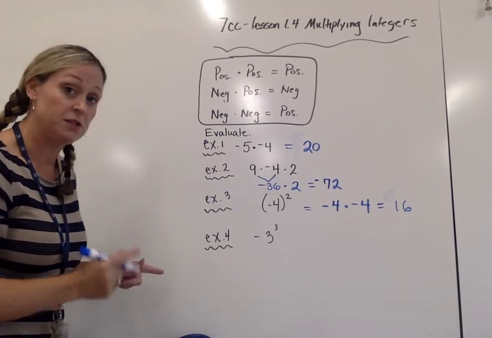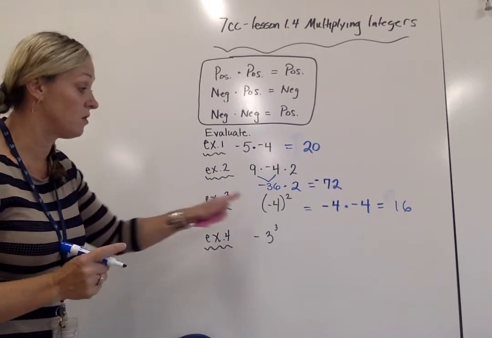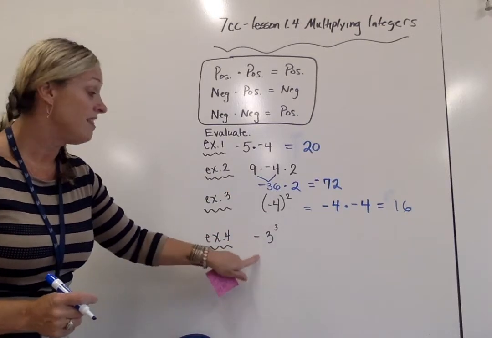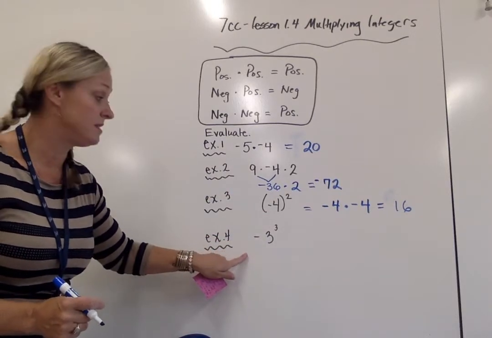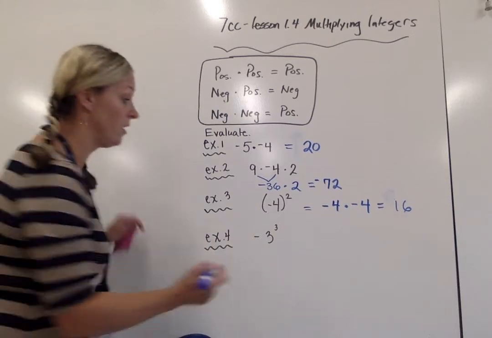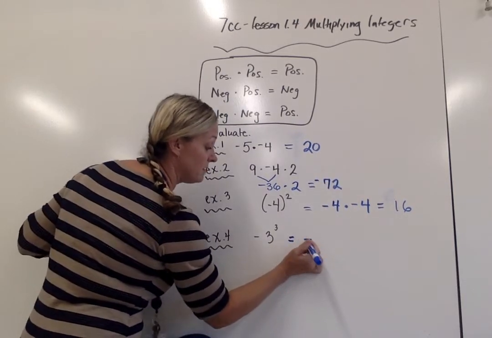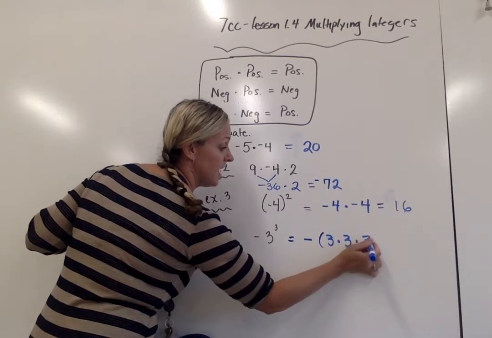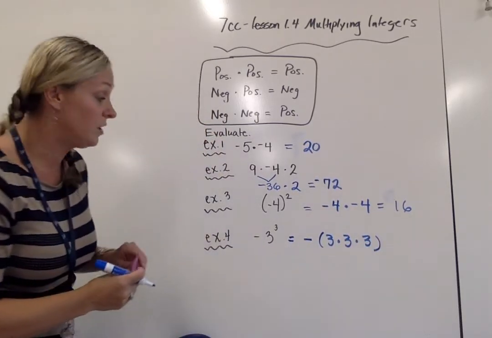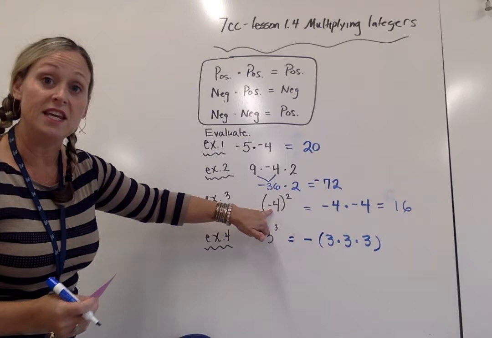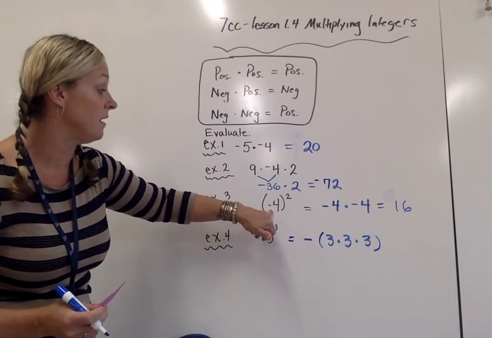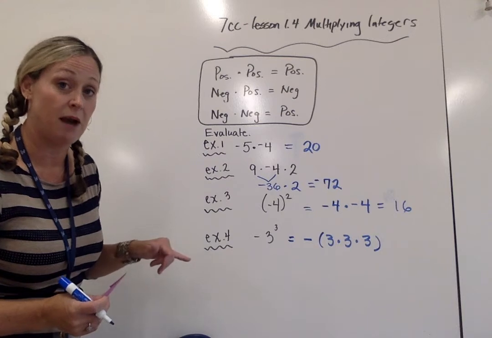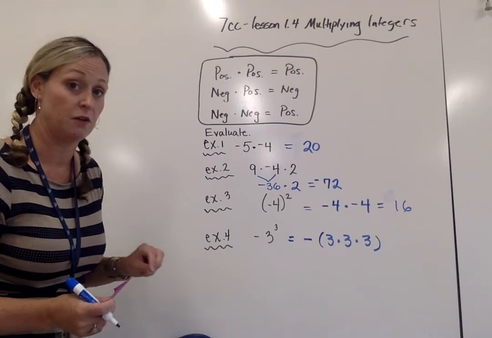Examples 3 and 4 are different because of the parentheses. This one is saying do negative 4 to the second power. This one is saying the opposite of 3 to the third power. So I would need to say the opposite of 3 times 3 times 3. If you notice, this negative is located in the parentheses, telling me the entire base is negative 4, and I'm making that to the second power, multiplying negative 4 times negative 4.